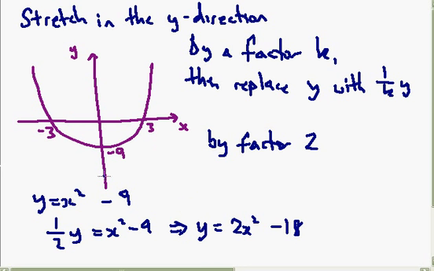The intercept is now down here at minus 18, and the graph has got narrower. It's still going through minus 3 and 3. It's a bit pointy, but regardless, it's still going through minus 3 and 3. However, it has been stretched in the y direction. So the intercept has been stretched out.